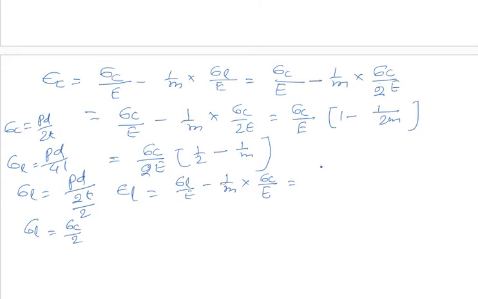So in this case sigma L, that is longitudinal stress, sigma L by E minus 1 by m twice of sigma L by E. So sigma L by E is common, so 1 minus 2 by m, correct? 1 minus 2 by m, and half minus 1 by m.